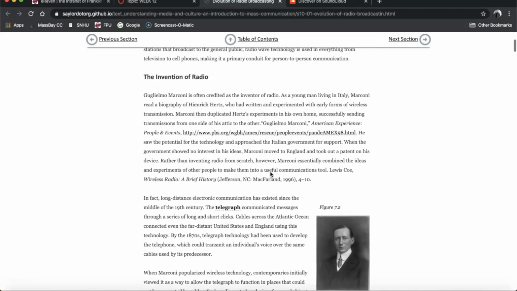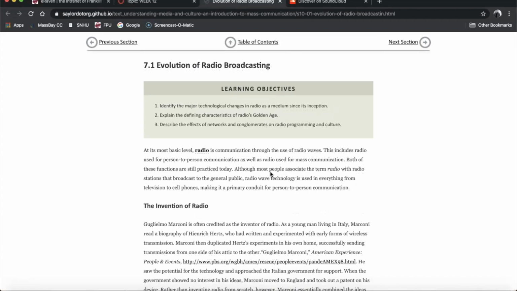It's important to understand sort of the evolution of radio because radio as a broadcast delivery method has changed, even though we still have broadcast radio for sure. The idea of how it's broadcast is very different and impacted heavily by the digital evolution that has happened, and of course the internet.